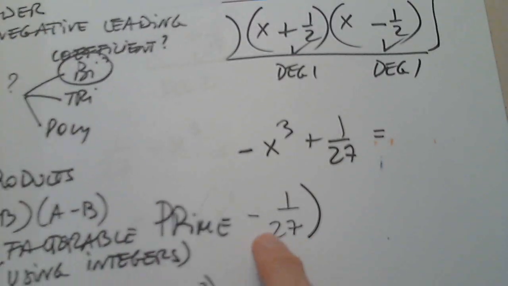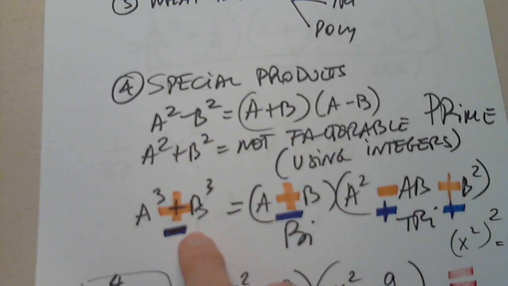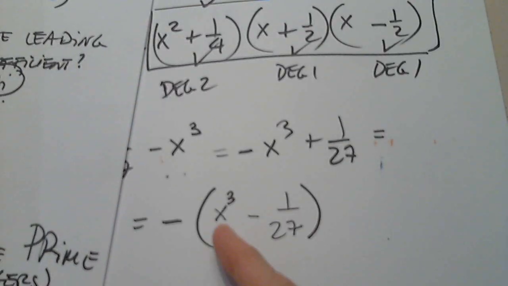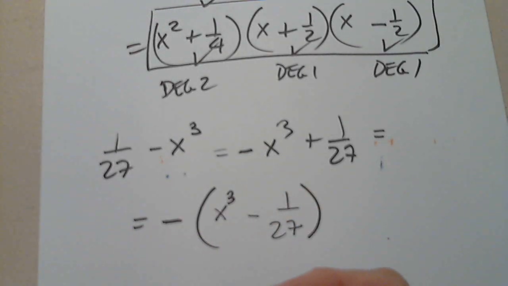It's a difference, so I can only look at the difference of squares or difference of cubes. Is there something I square to get x cubed or something I cube to get x cubed? I know it's a silly question.